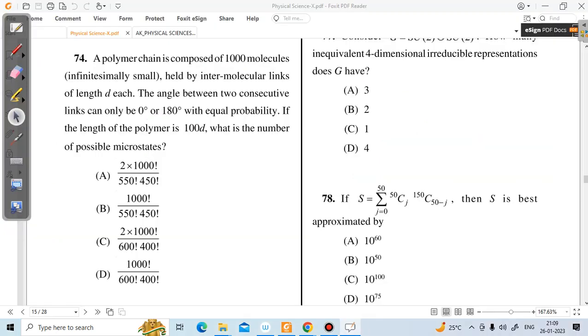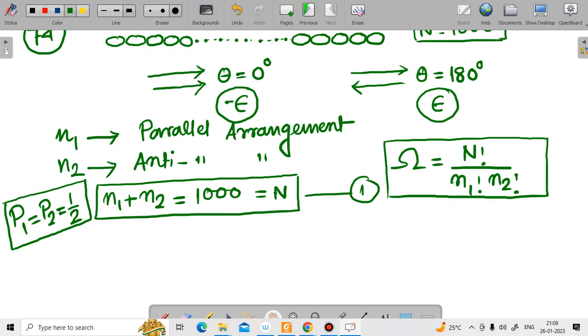Now it is given that the length of the polymer is 100d. So what is the length of the polymer?